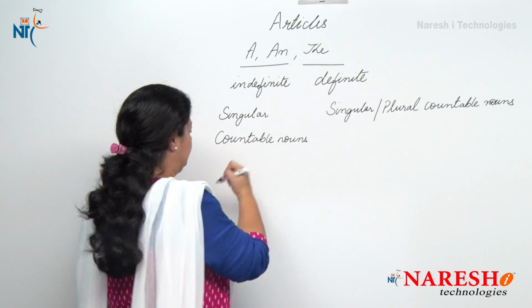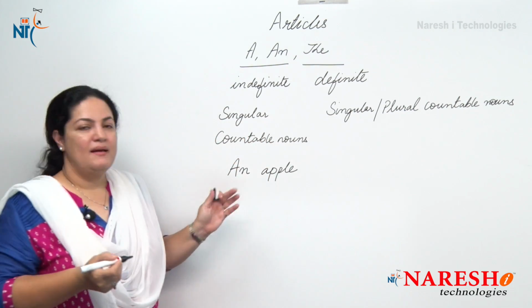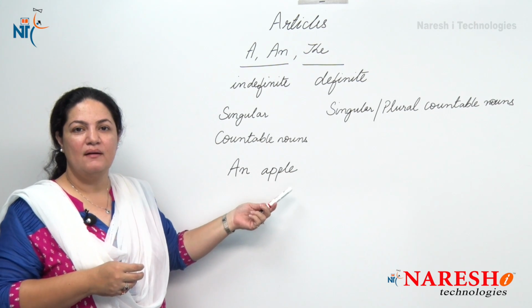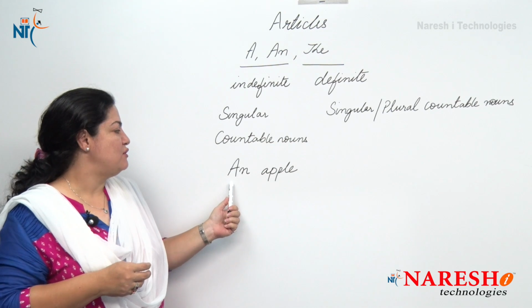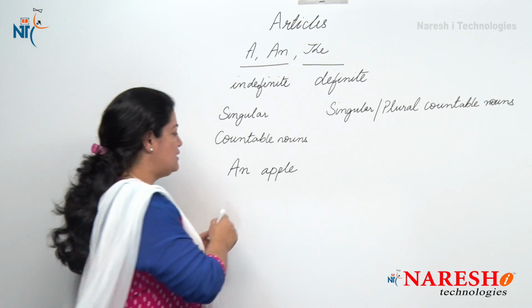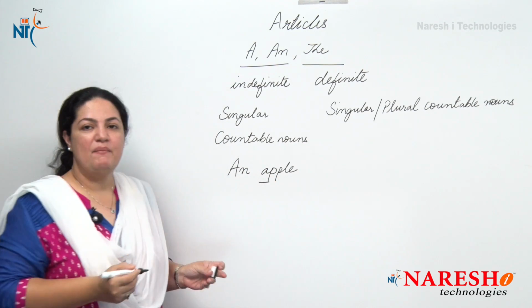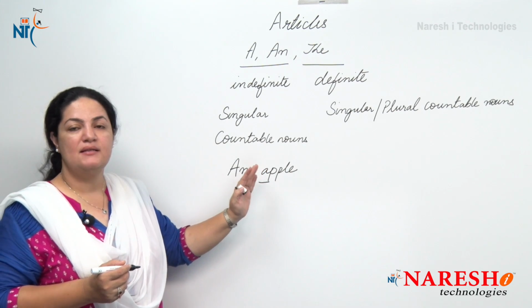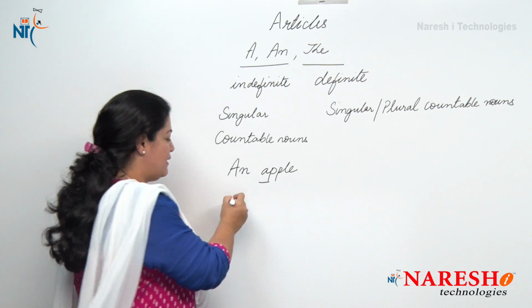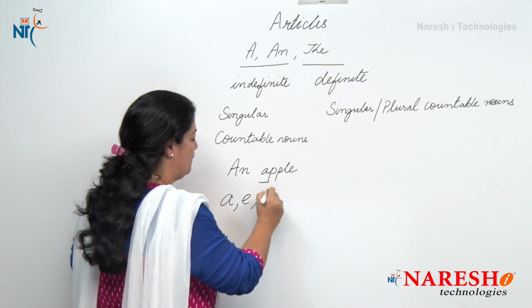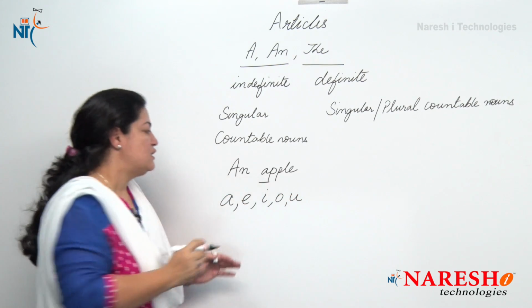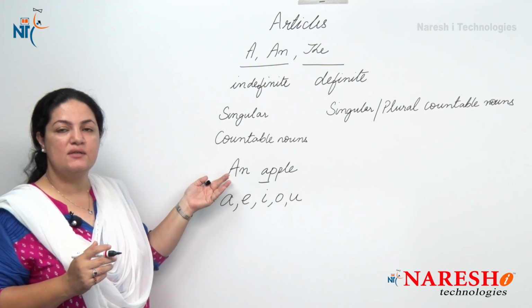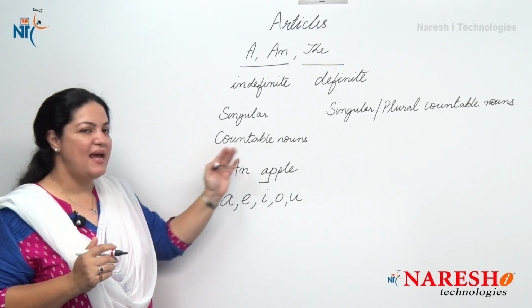Same way, an apple. When I say I ate an apple for breakfast, I think you all are familiar with the rule. When we have a word starting with vowels, the vowels are A, E, I, O, U. So whenever a word is starting with a vowel and it has a vowel sound, we usually use an before it. So we say an apple.